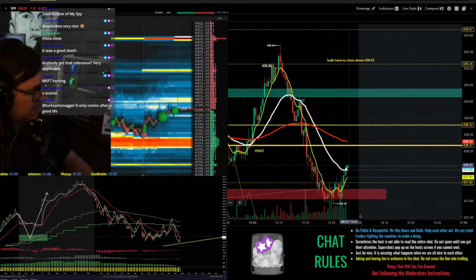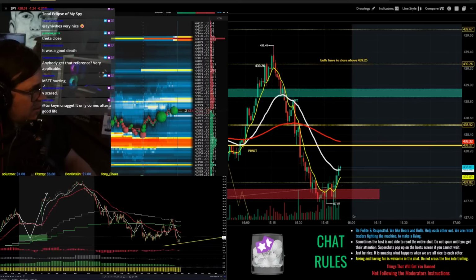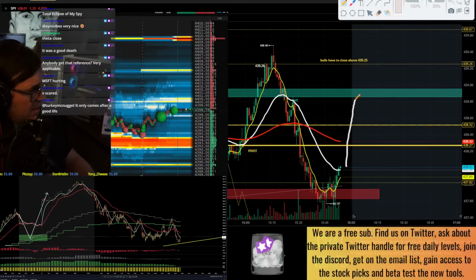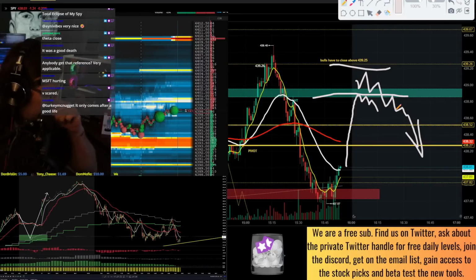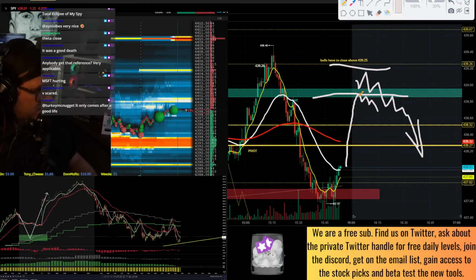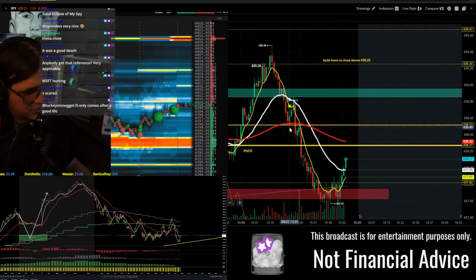The 438s I'm leaving on right now just in case we continue to go higher. If we trade higher into this close and we don't get above, we get somewhere down here, I'm going to put some 435s on for Friday at the close, 4 o'clock, 4:15, something like that.